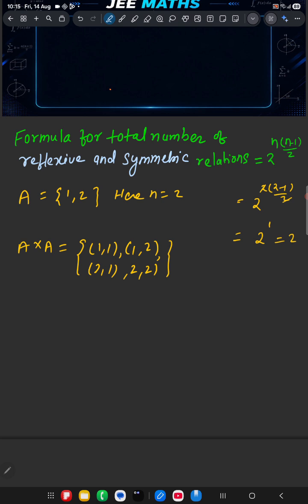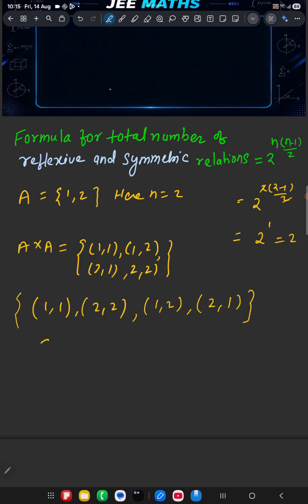Now, reflexive as well as symmetric. What can it be? One set which is reflexive as well as symmetric: for reflexive, (1,1) and (2,2) must be there, and to be symmetric there must be (1,2) and (2,1). This is one possibility.